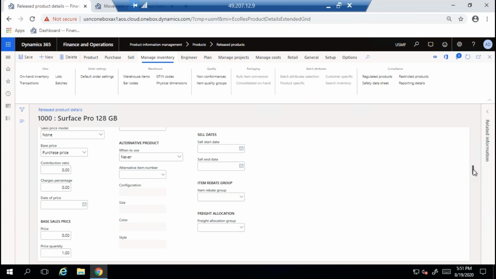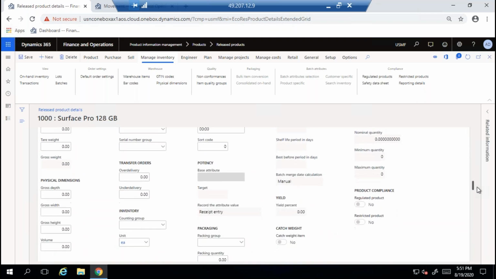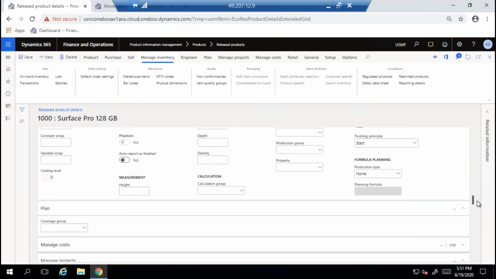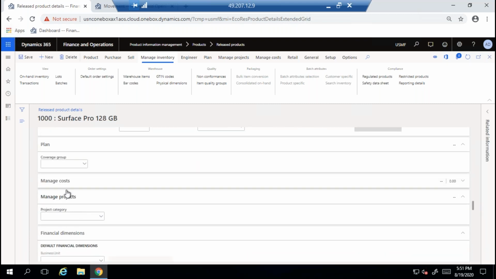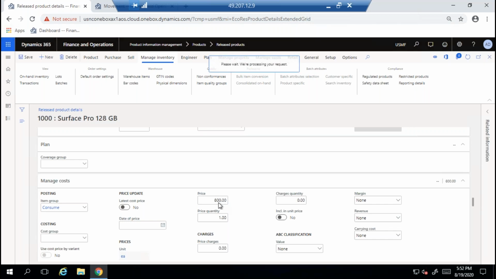Okay, at the same time, cost price will be in manage costs. Manage cost first tab. Here you will find the cost price. This is cost price. Actually, cost price can be entered here, and there is some other function like cost price will be calculated automatically.